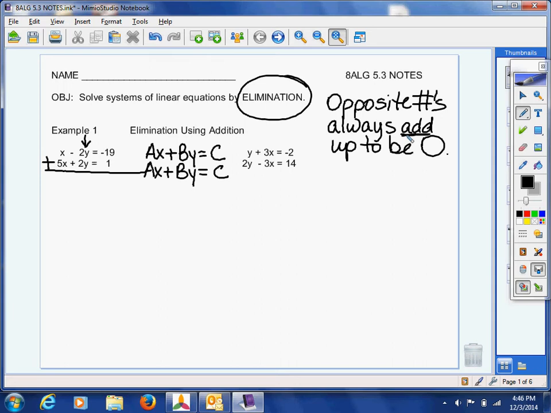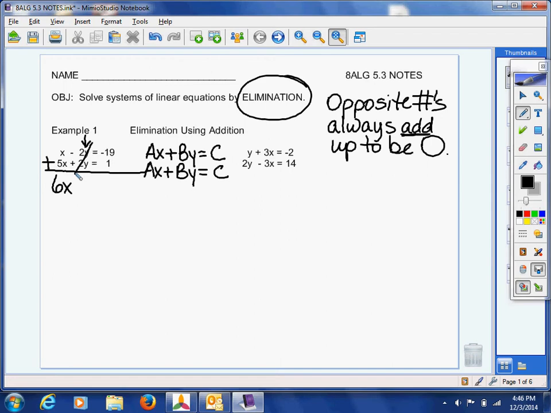Let's start with the x's. 1x plus 5x is 6x. So I'm adding those like terms. They are like terms. They're both x terms. I can add them together. Just add the coefficients together. What's negative 2y plus 2y? You're right. You should just cross those out. Those numbers are opposite numbers.